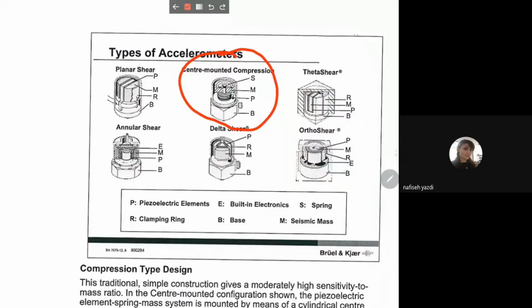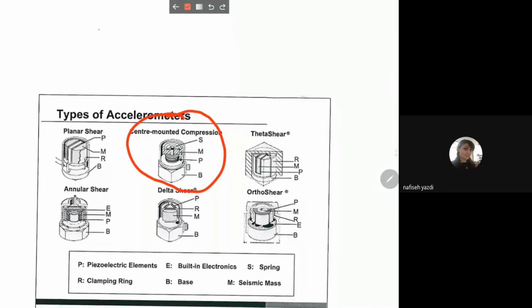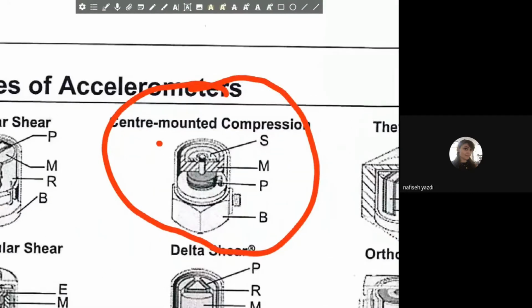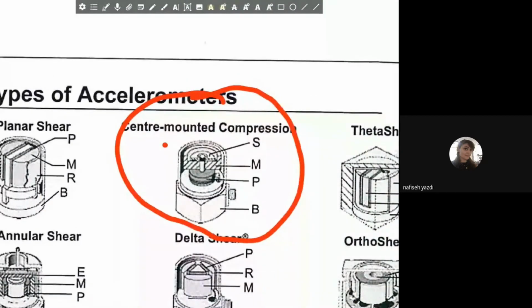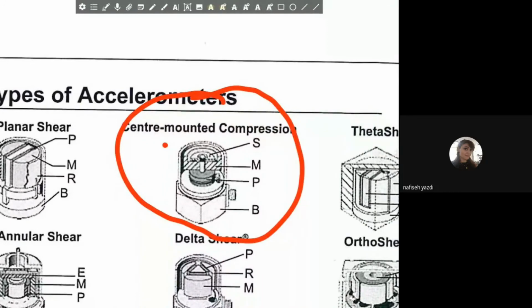Maybe I can zoom on that. As you can see, we have the PZT at the base, and then we have the connection with the moving mass over there, and then the configuration is practically the one that I roughly depicted during the presentation.